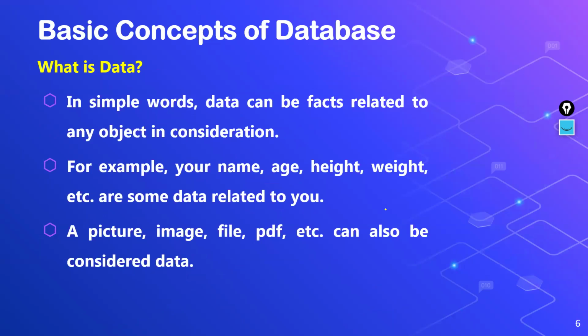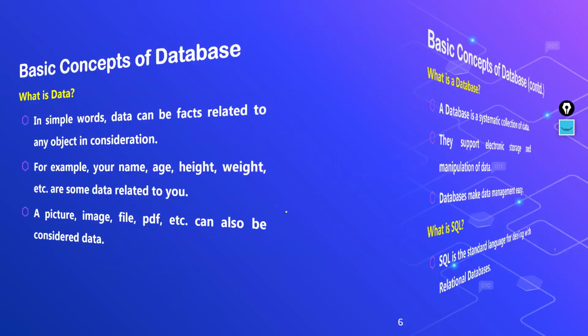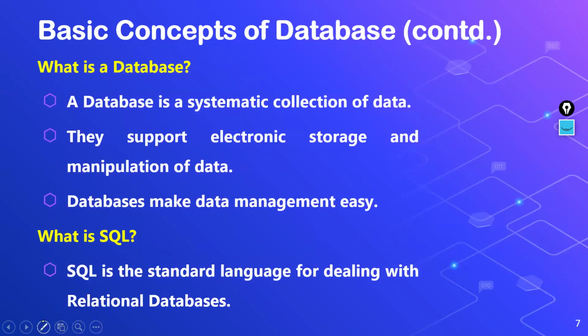Now, data, when you say, so you're going to have this name, age, that's what I told you, right? You have all of this into consideration, like your name, age, height, weight, and all that. Even nowadays, we are storing files as data, right? Database is your systematic collection, okay? Where it is electronic storage, like on machines, systems, you're storing your data.